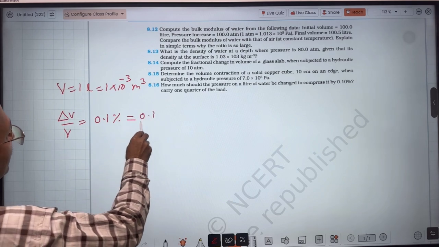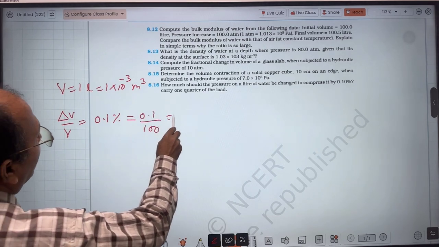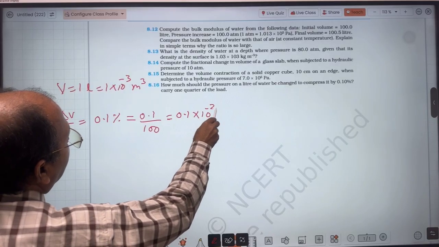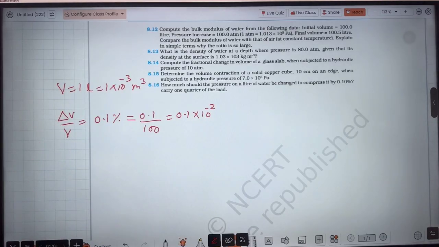It means what? 0.1 divided by 100, or 0.1 into 10 to the power minus 2. Up to here there is no problem.